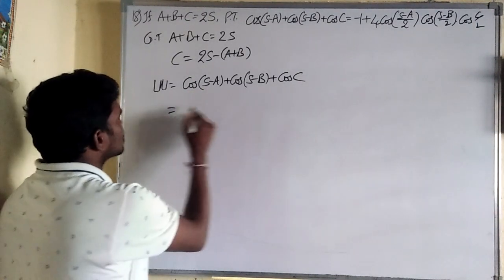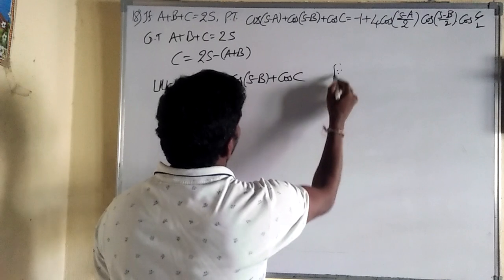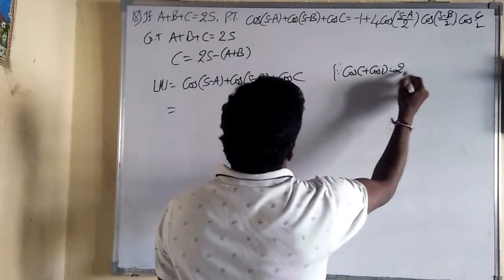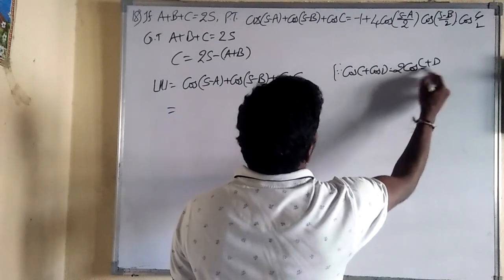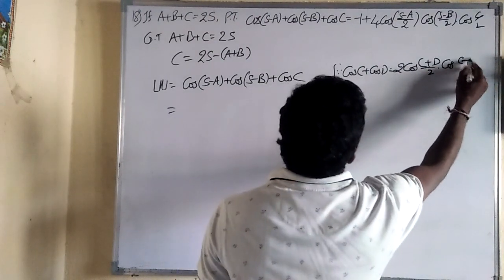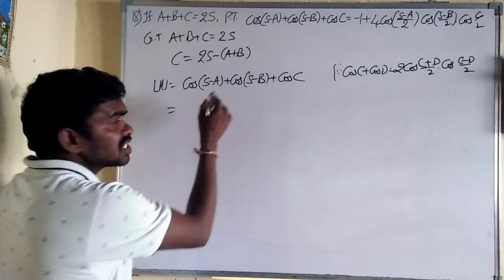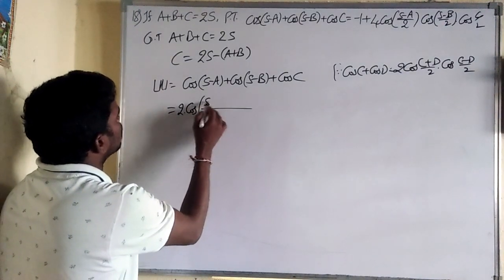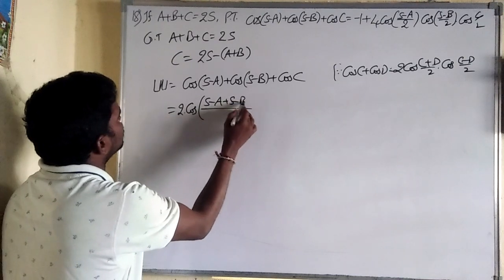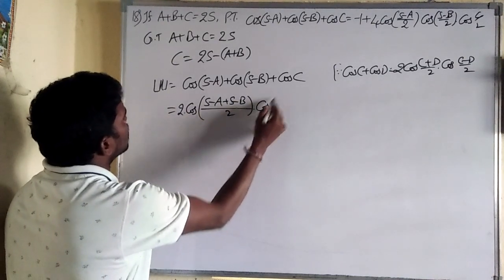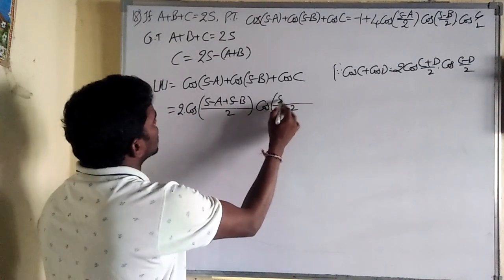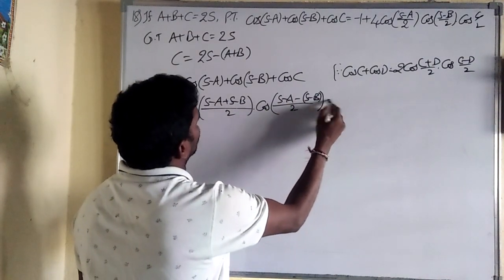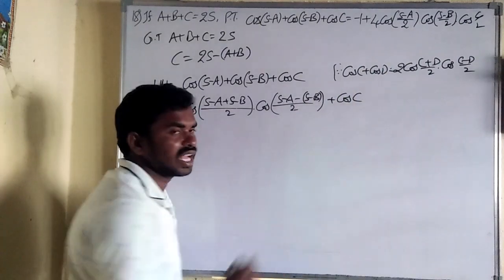The formula: cos c plus cos d means 2 cos (c plus d)/2 into cos (c minus d)/2. So we can write 2 cos of ((s minus a) plus (s minus b))/2 into cos of ((s minus a) minus (s minus b))/2, and plus cos c as it is.